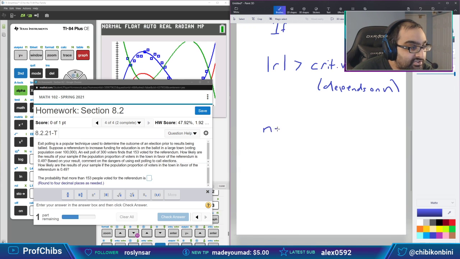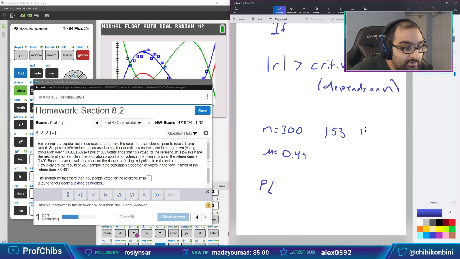Our sample size here is 300 people. Now we said, okay, how much is above 153? We'll use this 153 here in just a moment. But we're given a mean here of 0.49. All right, and they want us to find the probability that more than 153 people voted.